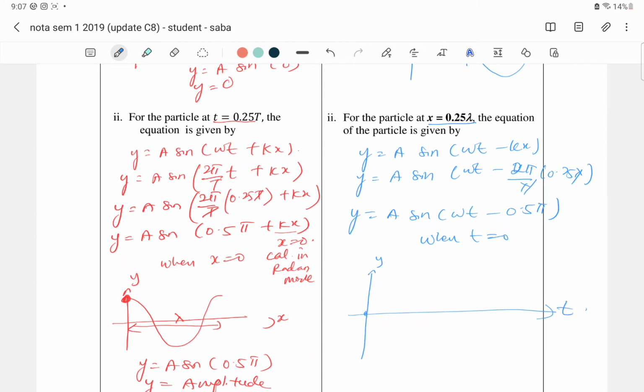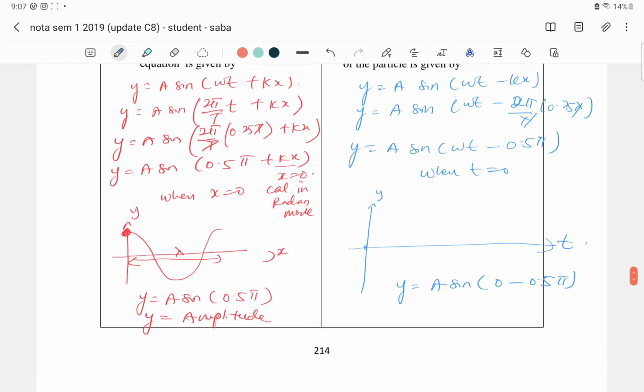Okay, so kita tekan calculator. So kita ada y equal to a sin 0 minus 0.5 pi. Make sure your calculator in radian mode. Okay, so kat sini kita akan dapat y equal to negative amplitude. So kita akan start ke sini and negative amplitude.